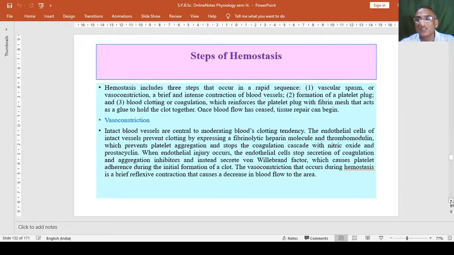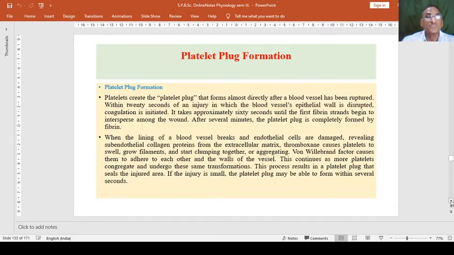This is hemostasis. Then second, platelet plug formation. How are these platelet plugs formed? When platelets come together, von Willebrand secretion makes it a plug. Platelets create the platelet plug that forms almost directly after a blood vessel has been ruptured.